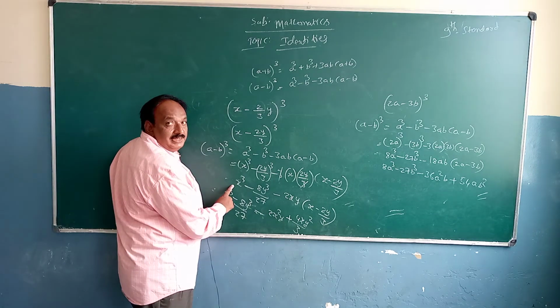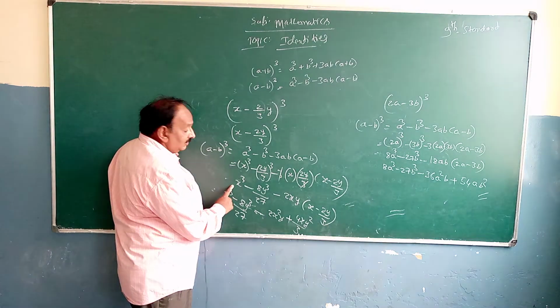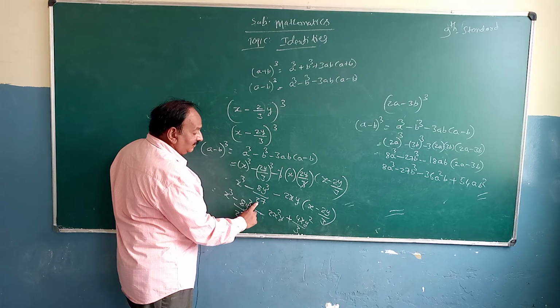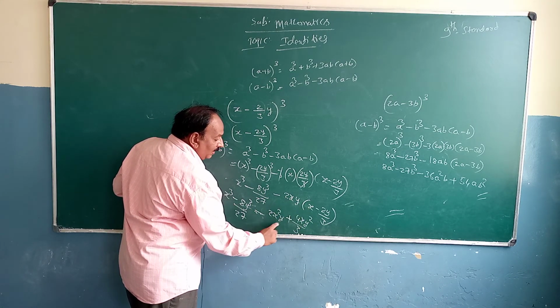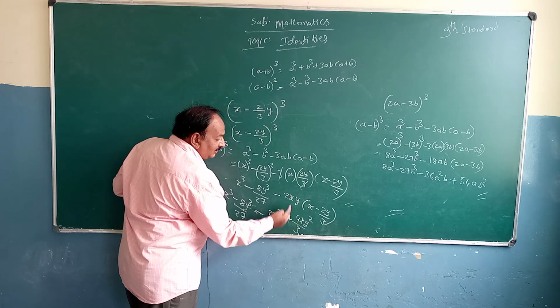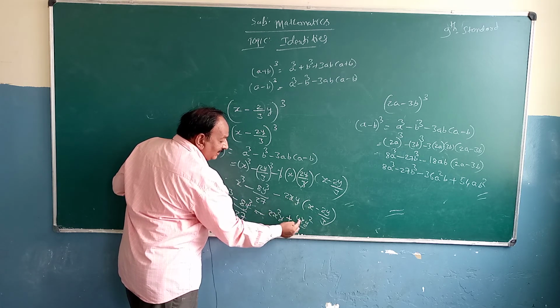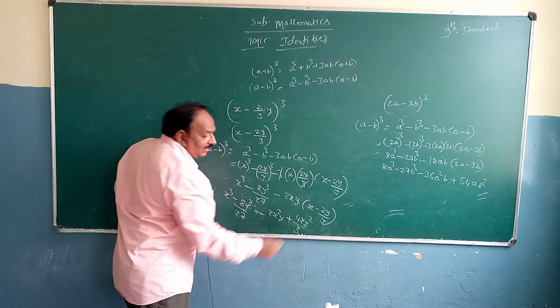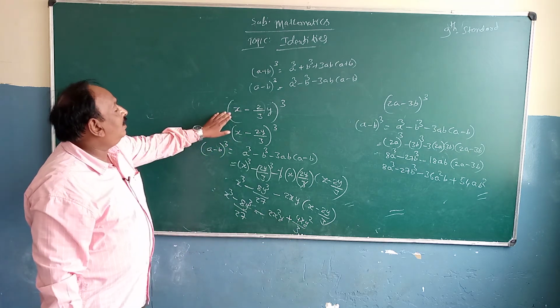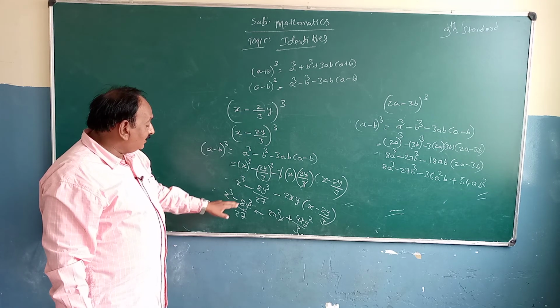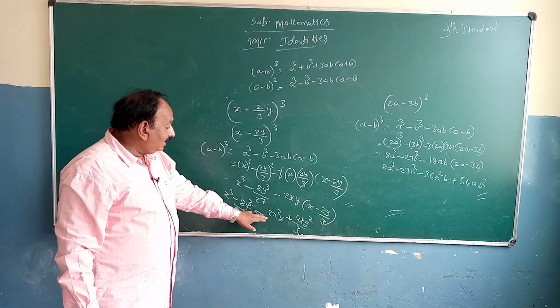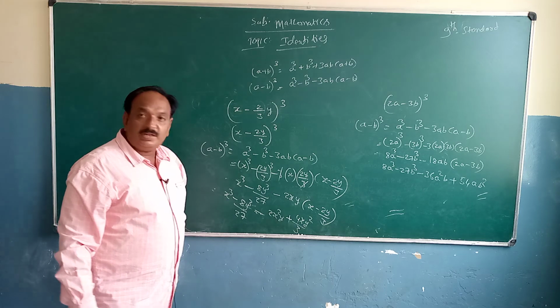X cube minus 8y cube by 27 minus 2x into x square y, minus into minus plus, 2 2s are 4, x as it is, y into y square by 3. The expansion of x minus 2 by 3 y whole cube is equal to x cube minus 8y cube by 27 minus 2x square y plus 4x y square by 3.